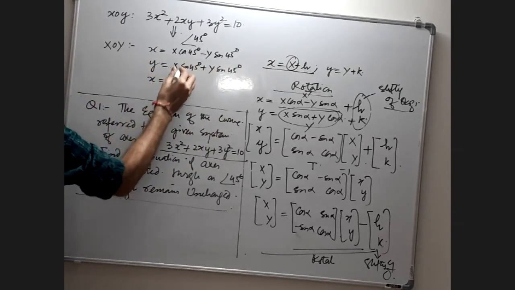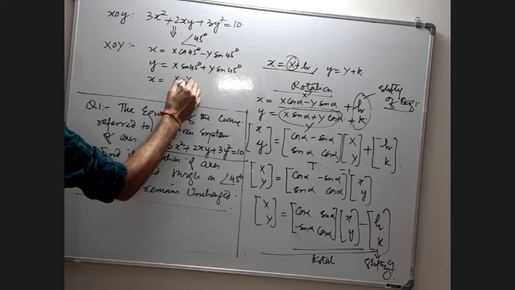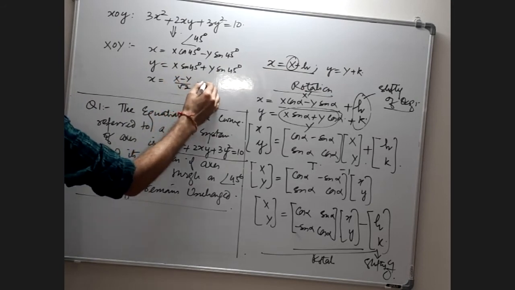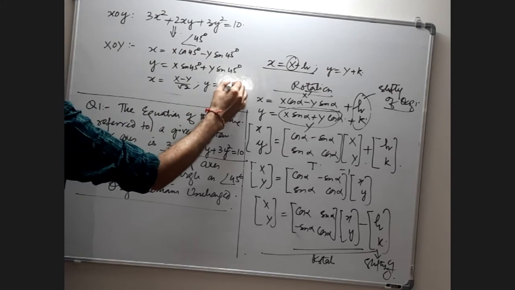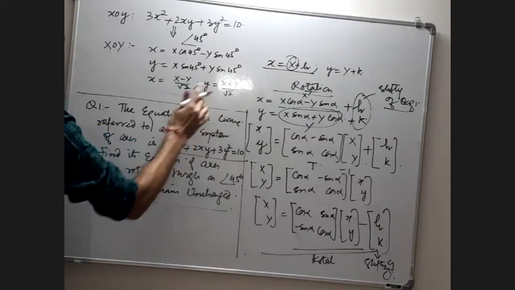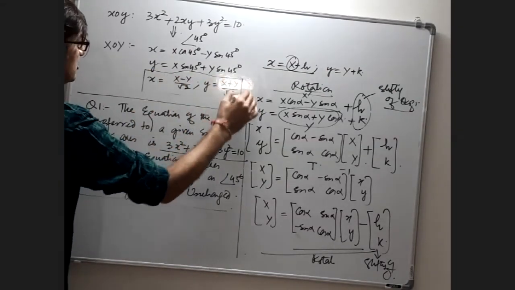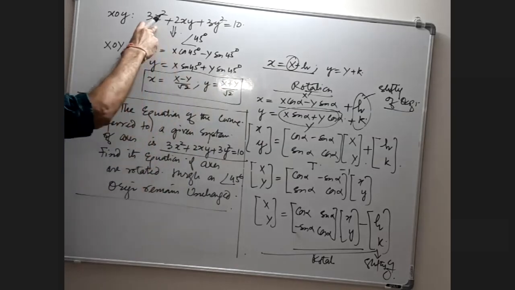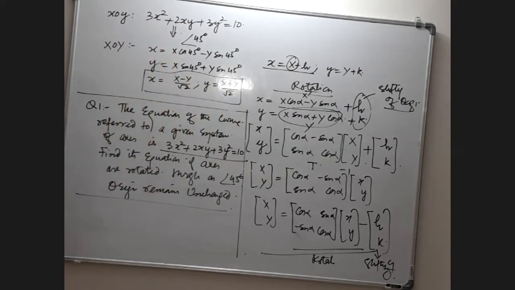That is going to be x minus y upon root 2, and y is equal to x plus y upon root 2. So you can substitute these values of x and y in this equation and get me the transformed equation in this particular frame of reference, capital X, small o, y. So give me the equation for this.